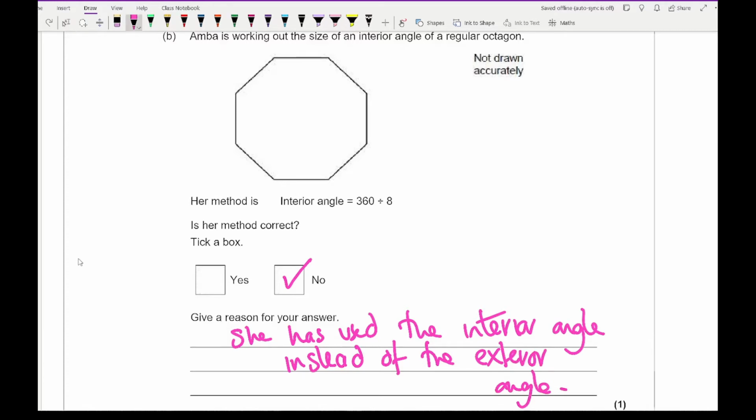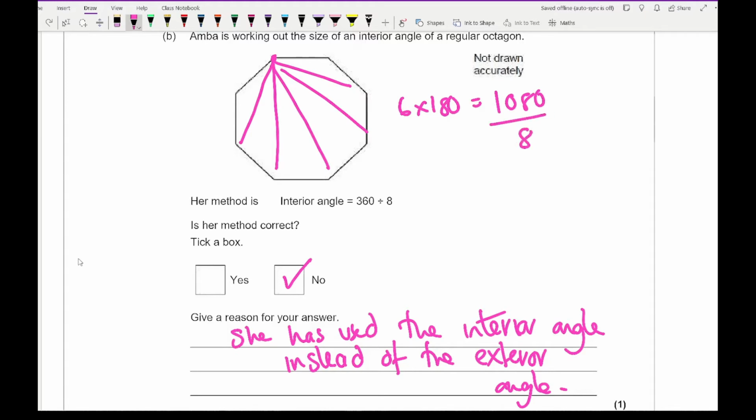So 360 divided by 8 gives me 45. But again, if I wanted to work out how many triangles there are, well, it's going to be 6 times 180 equals 1080. And then divide that by 8, and I get 135 degrees.